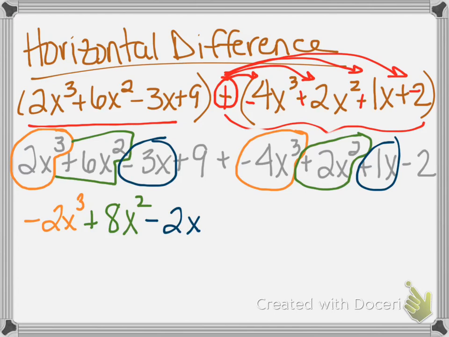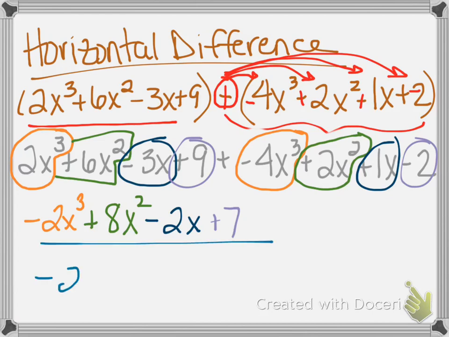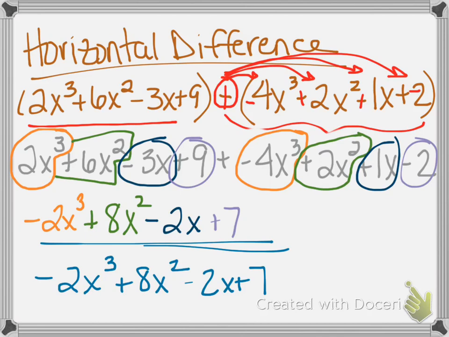And lastly, I have a positive 9 and a -2, which gives me a positive 7. Again, all my terms have been accounted for. Nothing is alike here. So my final answer, -2x to the third plus 8x squared minus 2x plus 7. And there's the difference or the subtraction.